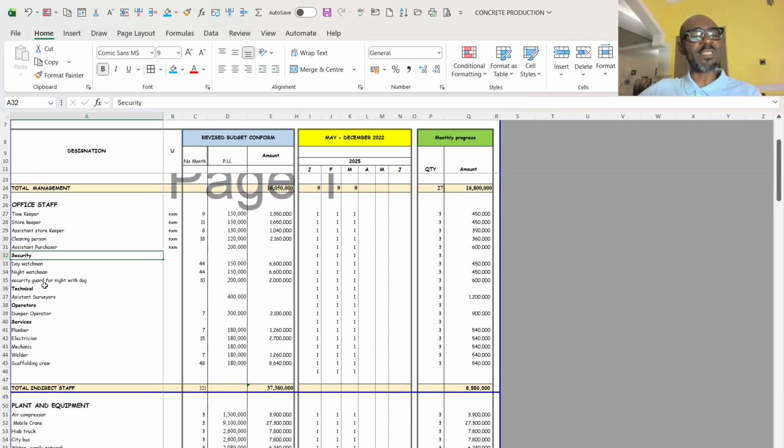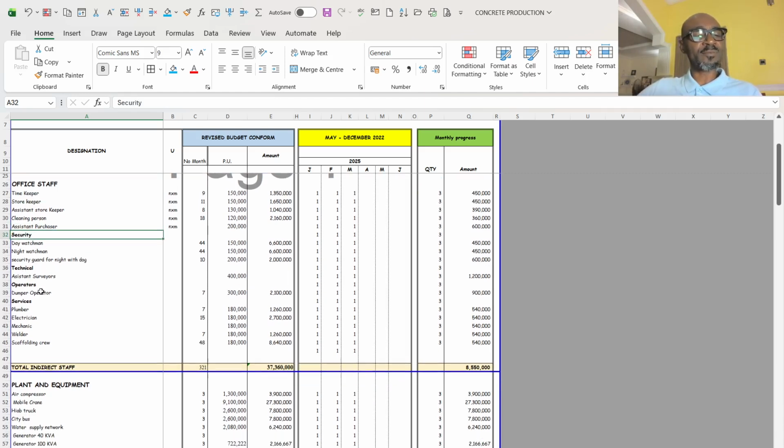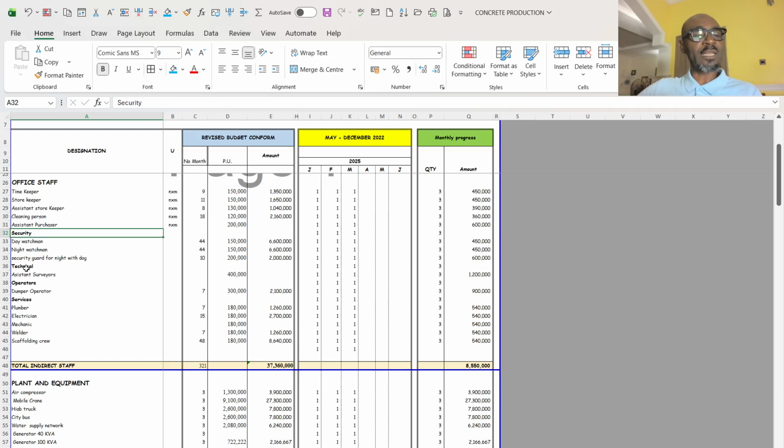You have the security, day watch and night watch. You now have technical, you have the assistant surveyor, you have operator and you have the services, which is the plumber, electrician, mechanic, welder, and scaffolding crew.